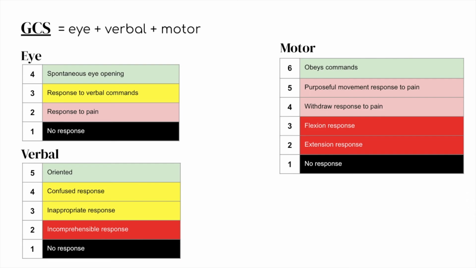If somebody hits their head and you're talking to them, and they could speak typically before and now they're incomprehensible, I'd be extremely concerned. I'd be calling an ambulance immediately. Similarly, if they exhibit flexion or extension responses and jet out into those positions, I would also be extremely concerned. We're going to have EMS ASAP.